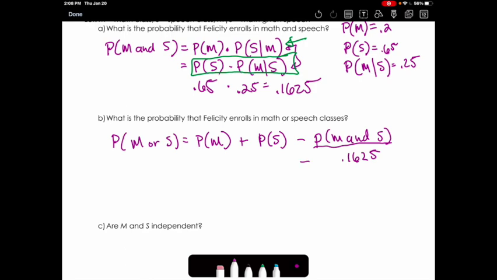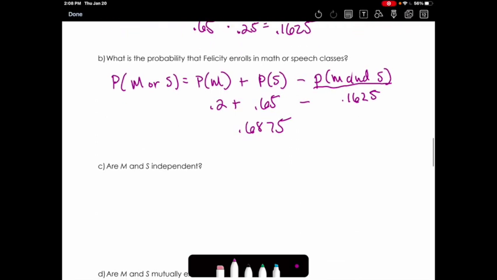That value is 0.1625. So now we just have to add the probability of M and the probability of S. So that's 0.2 plus 0.65, and then I subtract 0.1625, and that would give me 0.6875. So the probability of her signing up for one or the other is 0.6875.